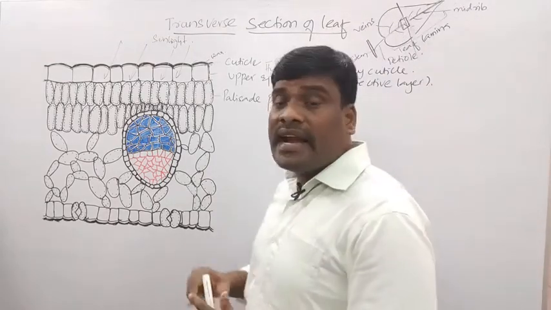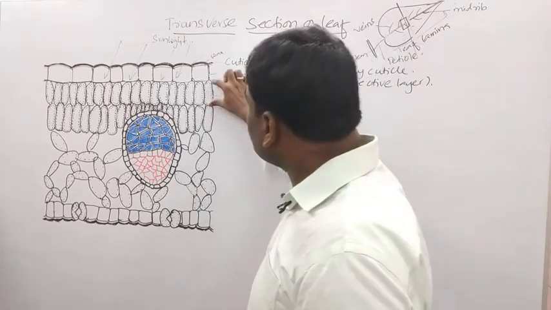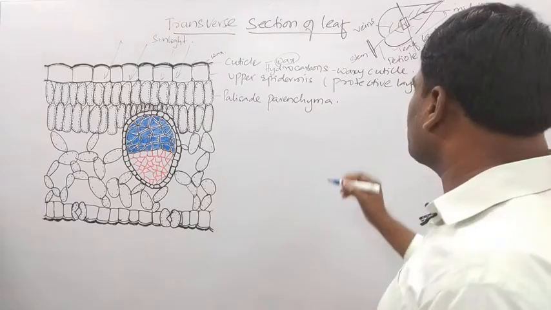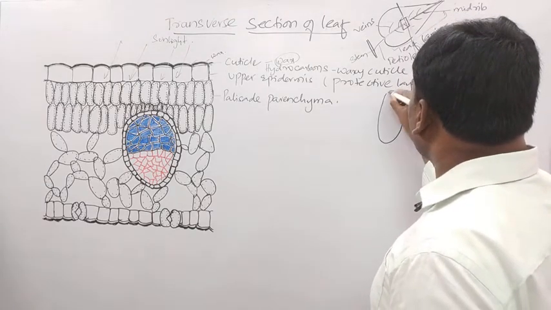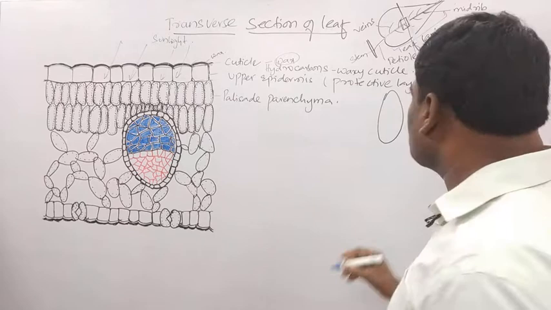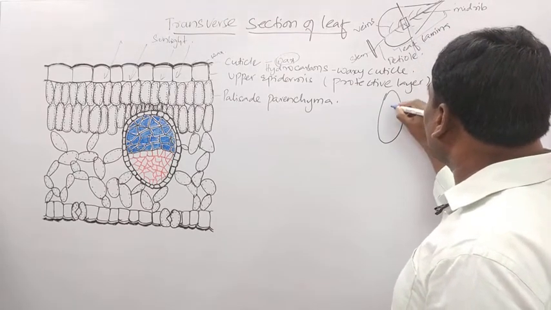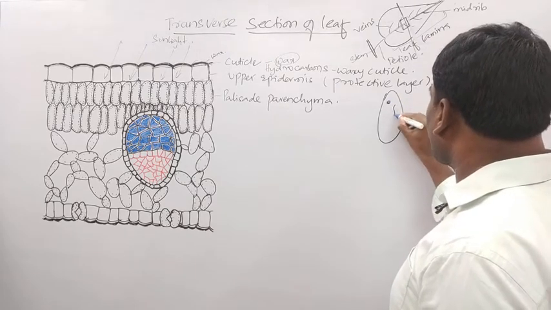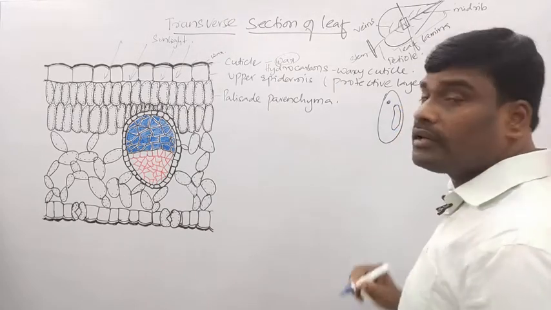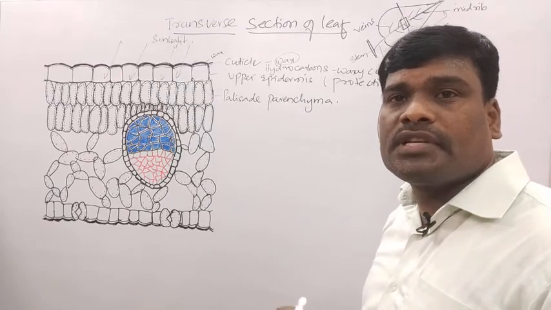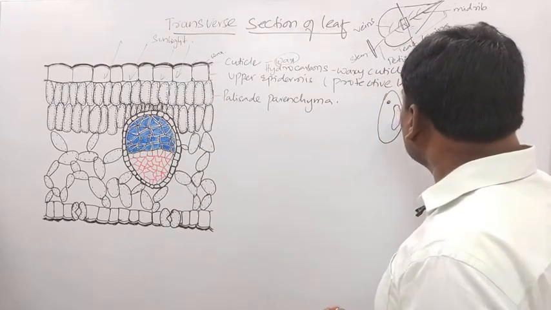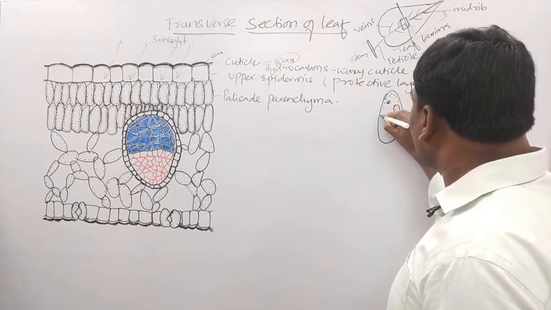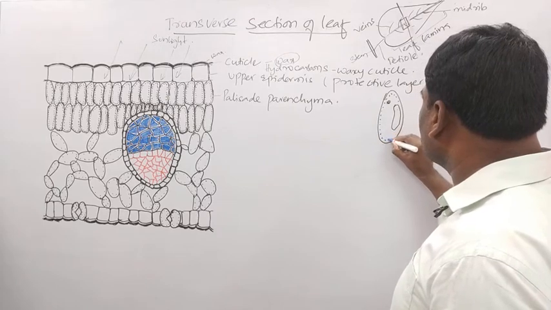If you want to understand the structure of a single palisade cell, children, if you magnify it and observe, you see this is a palisade cell. It consists of a nucleus, and a vacuole, a water vacuole, which helps in storage of water, and also a number of chloroplasts.